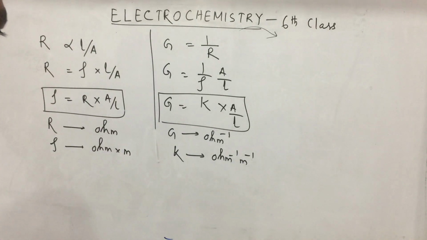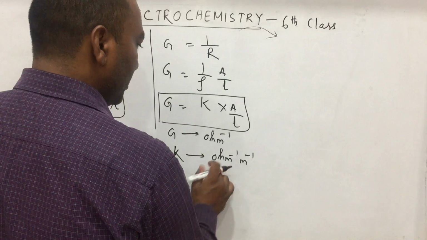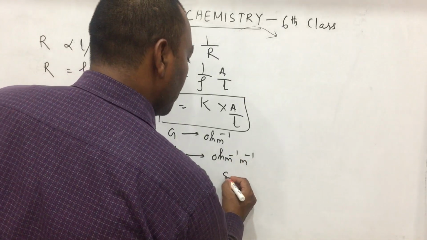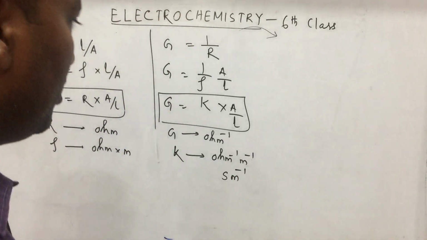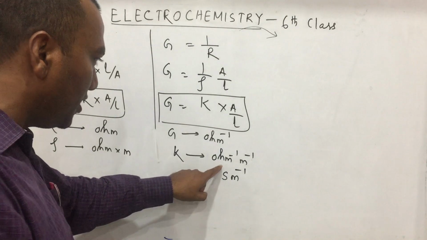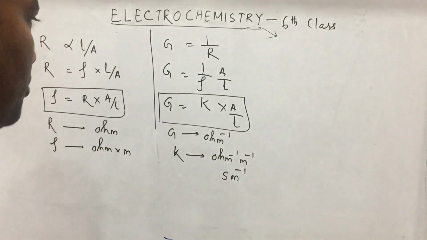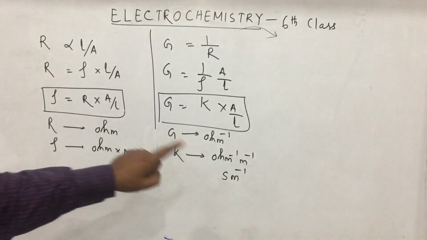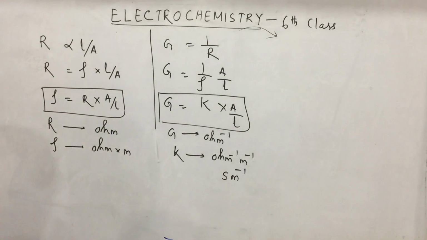But now we write according to the IUPAC format: in place of ohm inverse we write Siemens, so Siemens meter inverse. So these are the units of R, rho, G and kappa.